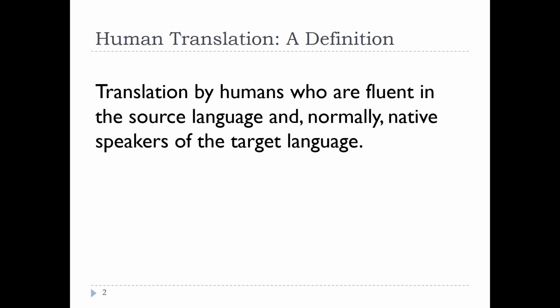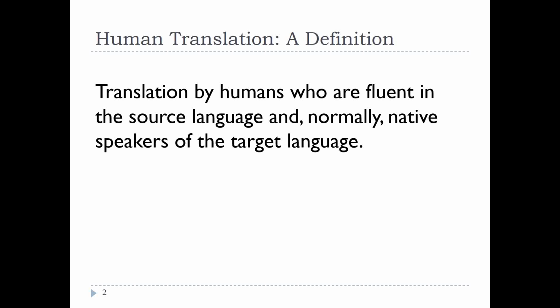I guess this is kind of obvious, but human translation may be defined as translation by humans who are fluent in the source language and, normally, native speakers of the target language. Note that normally, because in some circumstances and indeed in some countries, it is acceptable for translators to work out of their native language.